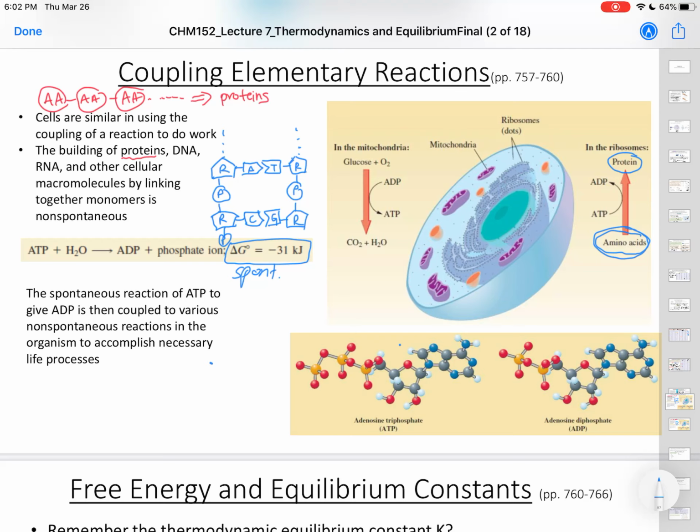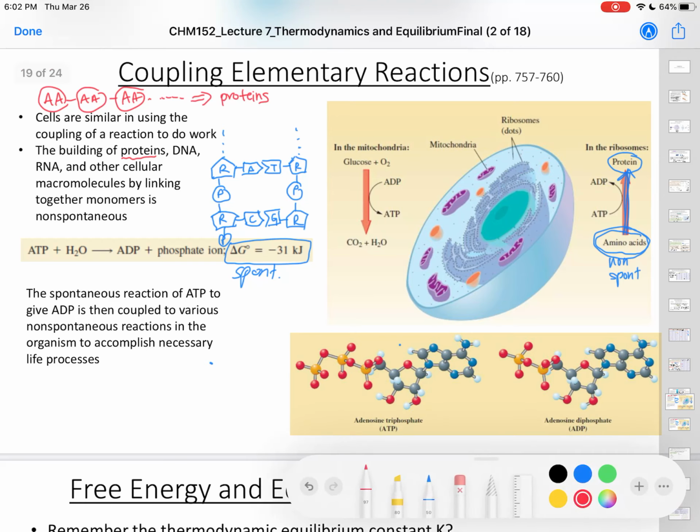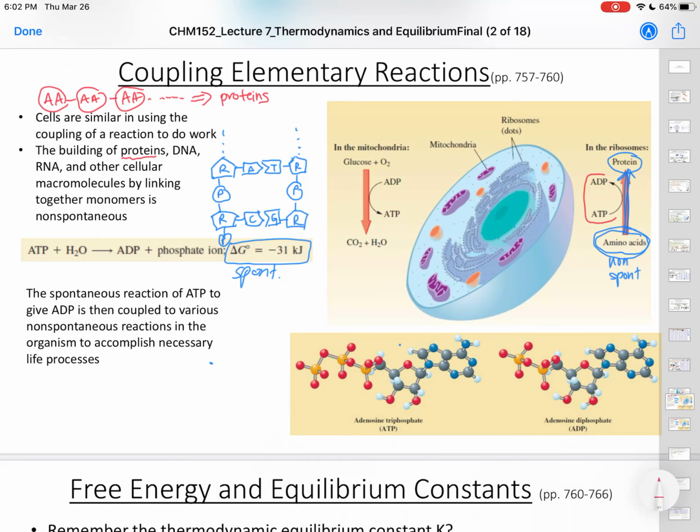And this reaction is minus 31. It is spontaneous. Okay? So basically what we can do is we can take this reaction here, that is non-spontaneous, and then we're going to couple it to a reaction here that is very spontaneous. And that's how we get things to be built in our body.